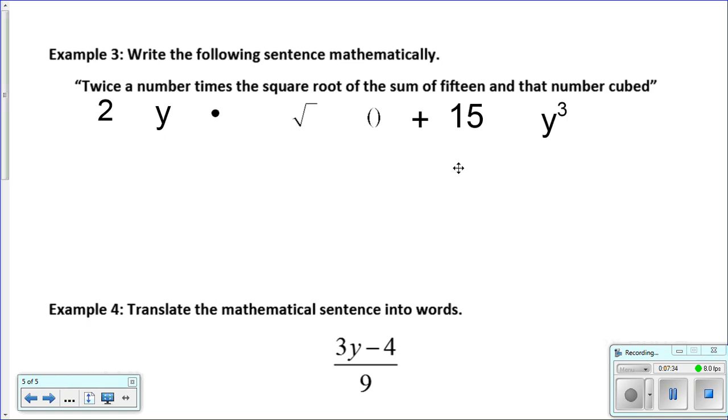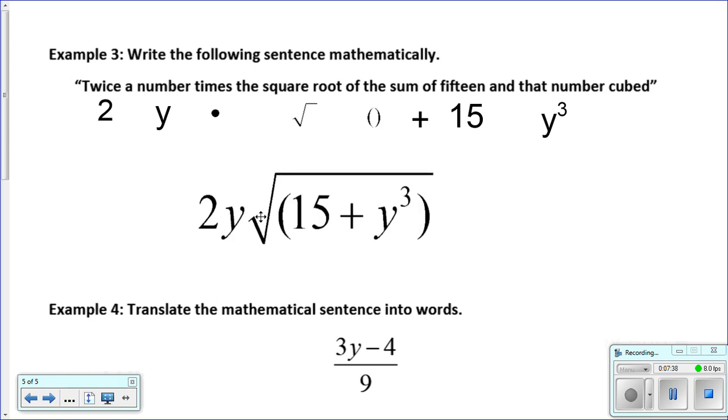Okay? So now I just need to put it together. It's 2 times the number, twice the number, that means 2 times, times the square root of the sum, this is the sum, of 15 and the number cubed. Okay?